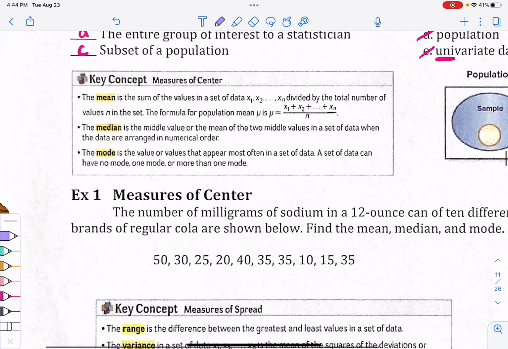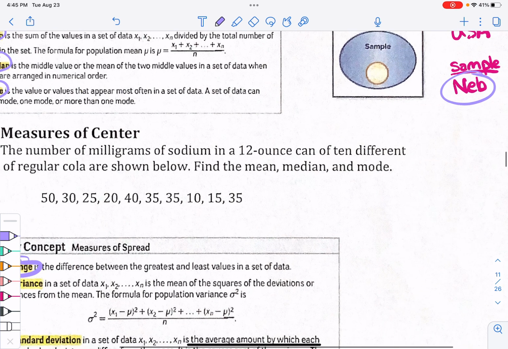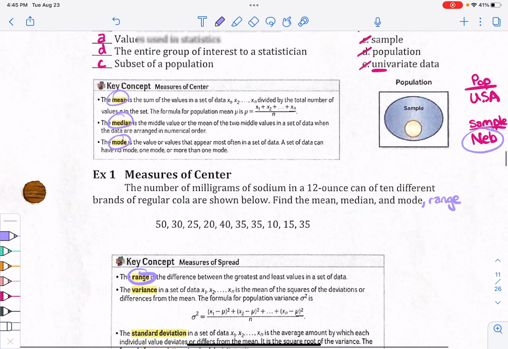And let's move on to some computations with data. One of them is mean, and then we have median, and we have mode, and then range is down here, but we're also going to do that up here to this data set. I'm going to add that. Find the mean, median, mode, and range of this data set, okay? So we're going to do that here. Mean is the average, so it's like averaging up all of the data values.